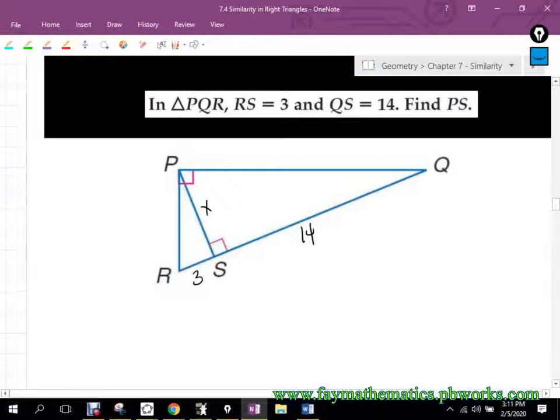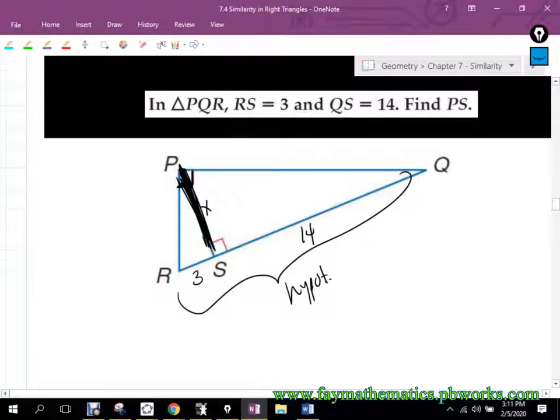They want you to find PS, so I'm just going to call it X. We prior could only do this if we knew which triangles were similar to one another with those 9 ratios. But right now we can see that this overall triangle PQR, because of that angle right there, is a right triangle. This would be the segment that is the altitude drawn to this being your hypotenuse, right?